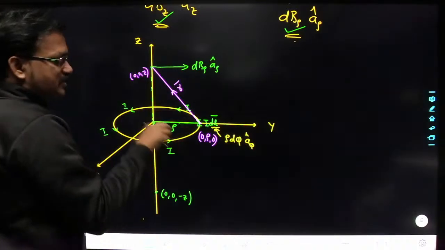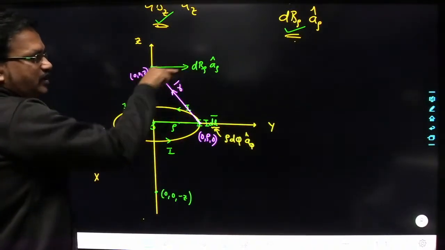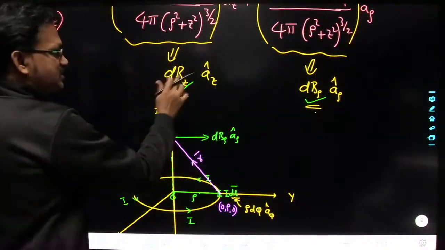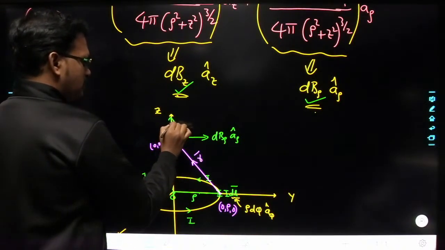So a_rho cap means it has to point away from the center. That's why I have written it in this manner. Next, it has another component, that is dB_z a_z cap, along the z direction.